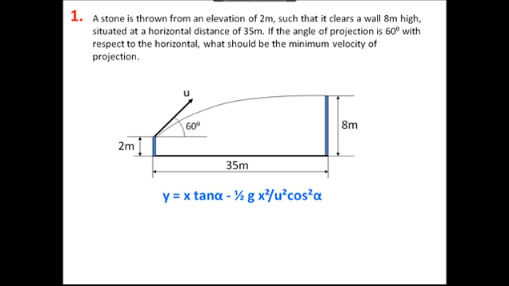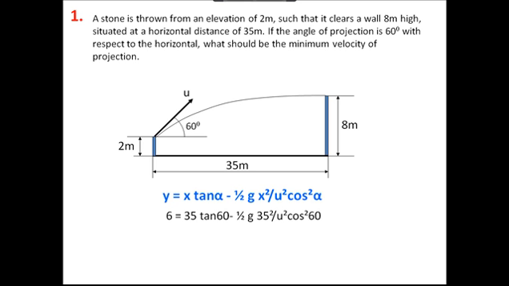Now we substitute the numbers like this. What I want to point out to you is that the value of y is not taken as 8, but it is taken as 8 minus 2, 6. Reason: if you are going to use this ready-made equation, then we have to follow some restrictions which were posed when it was derived, and that restriction is that the point of projection has to be the origin.